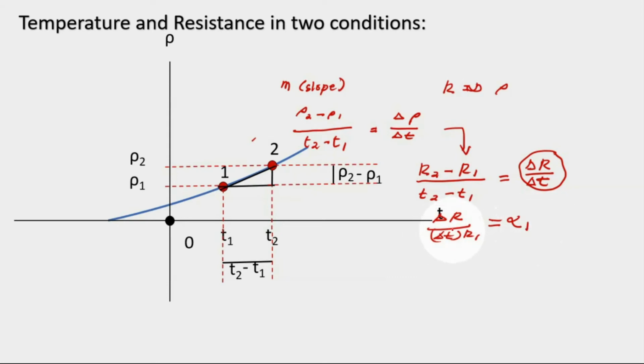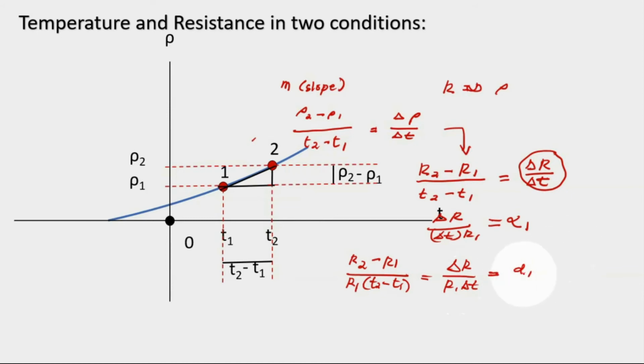So we write R sub 2 minus R sub 1 over R1 times T sub 2 minus T sub 1, or delta R over R1 times the change in temperature. So actually, this is alpha 1.